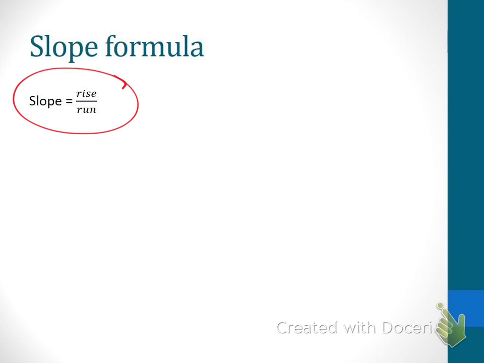Slope equals rise over run. You need to write this in your notes on your notebook paper. Slope equals rise over run. And rise is going to be your change in, what do you think? You're changing your y value or you're changing your x value? Think about rise.